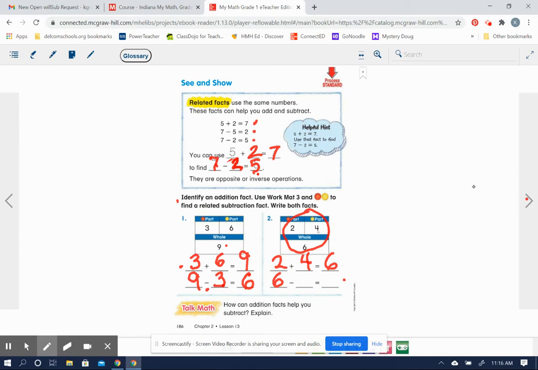Let's do the yellow part over on this side. 6 minus 4, and the other part that we haven't used yet is the red part, and so the 2 goes over here. Now when you look at both of these sentences, you've got all the same numbers, they're just in a different order. Okay? All right, so now let me erase all that, and then we'll turn the page.